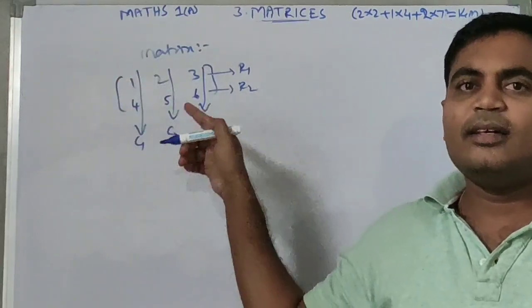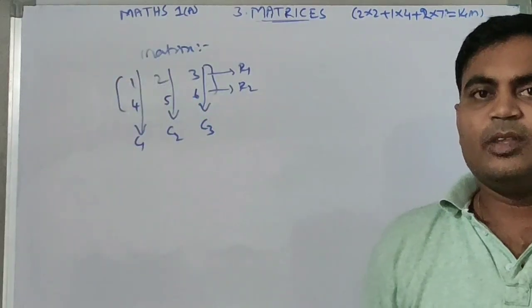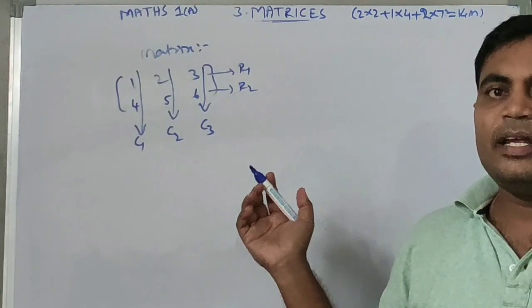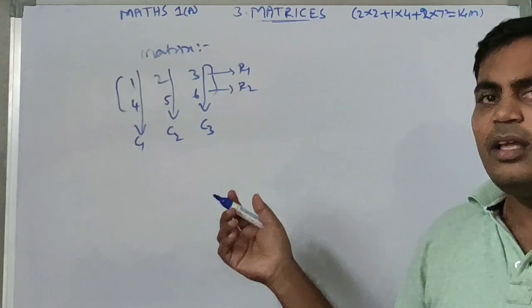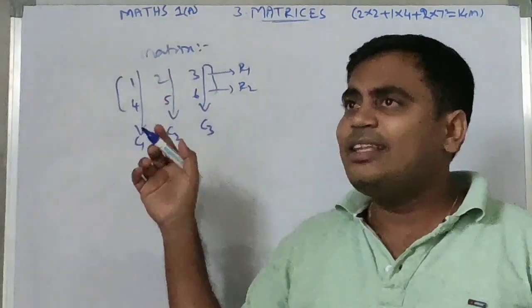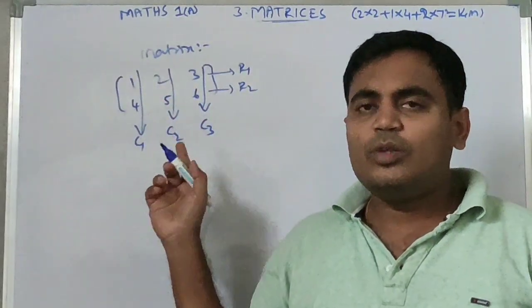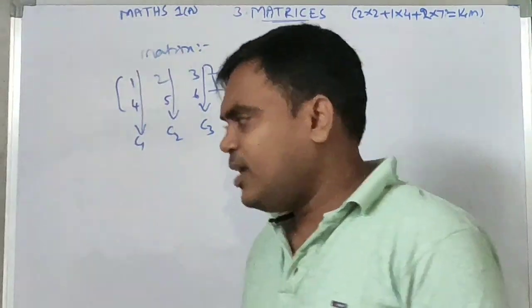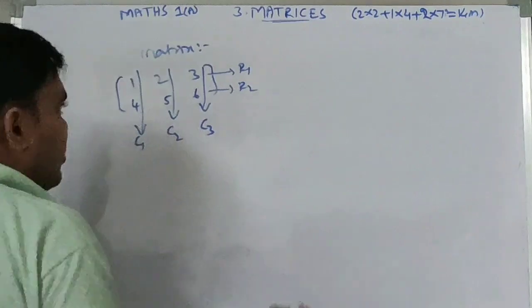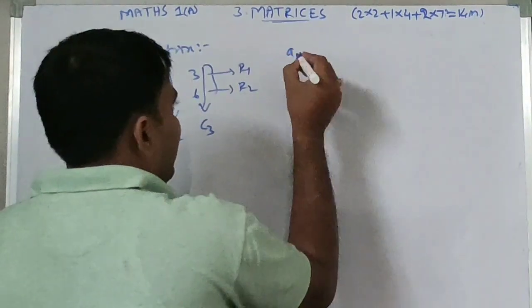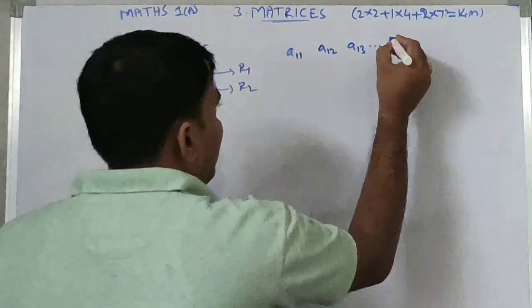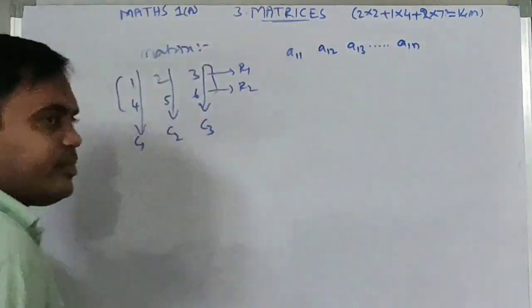So it is called a matrix. A matrix is nothing but an ordered rectangular array. Another way: arranging the elements in a systematic order into rows and columns is called a matrix. Now I am arranging the elements A11, A12, A13 and so on up to A1n.